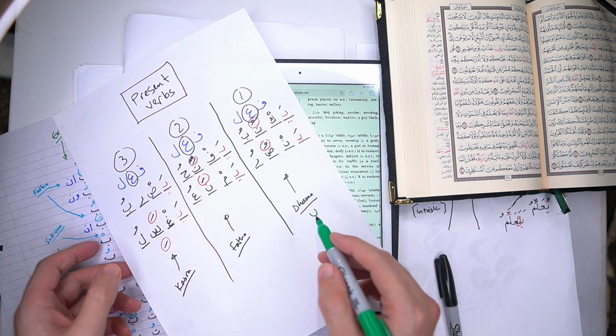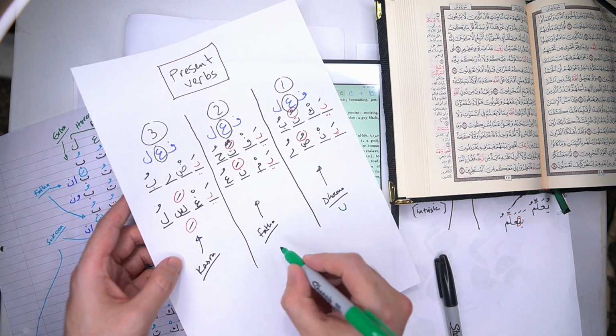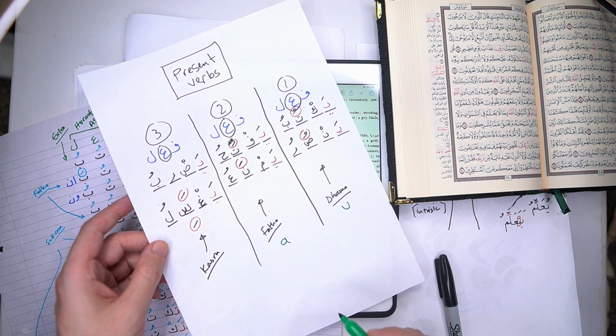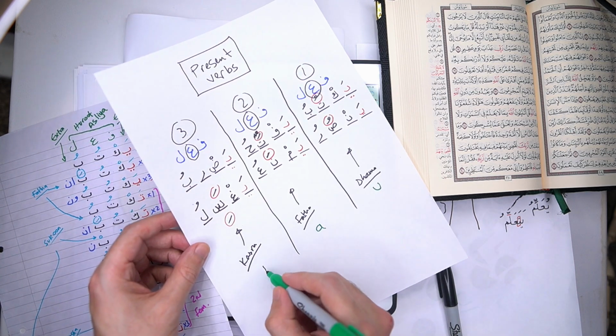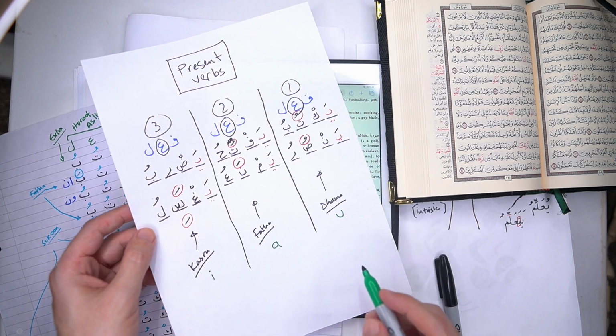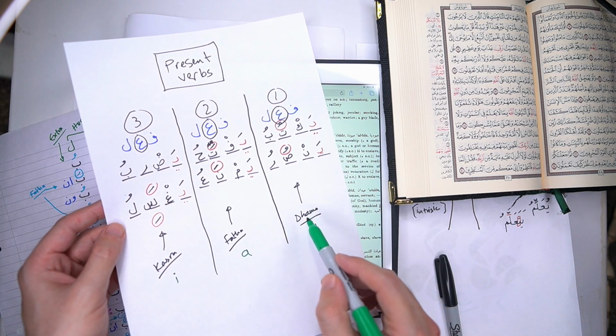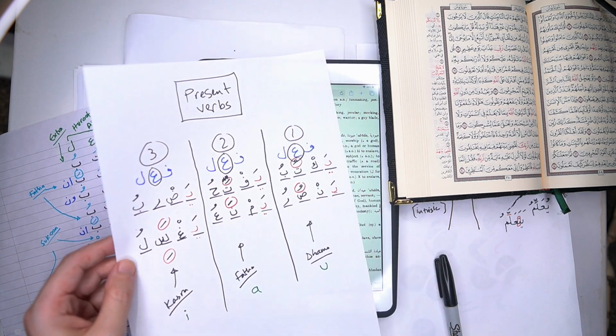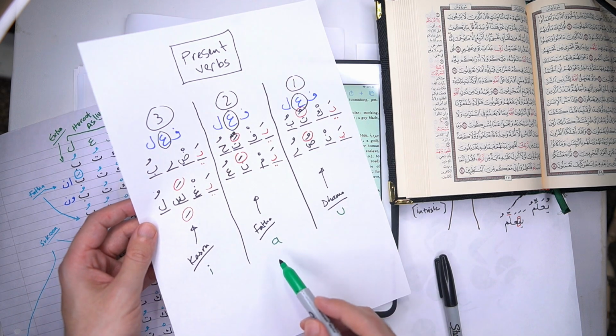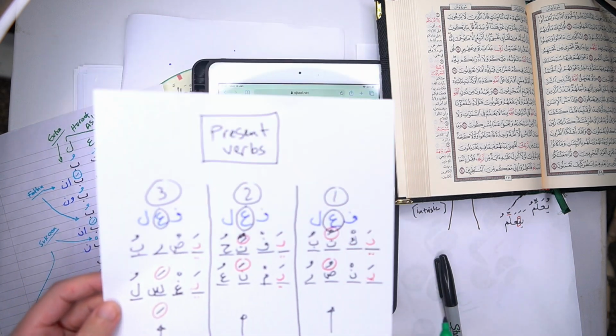U, Dhamma is U. Fatha is A. Kasra is I. So when you say U, it represents Dhamma. So U is Dhamma, A is Fatha, and I is Kasra.